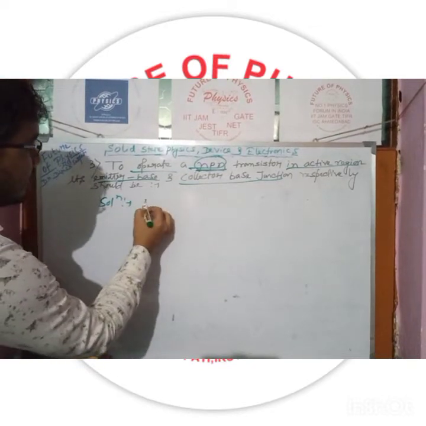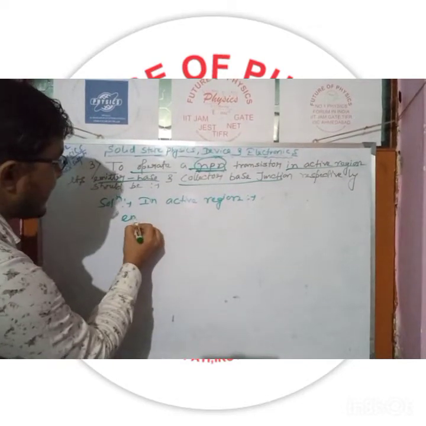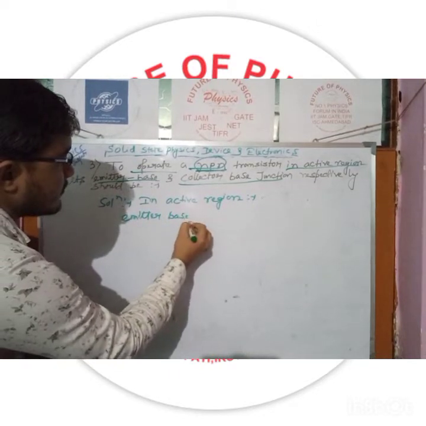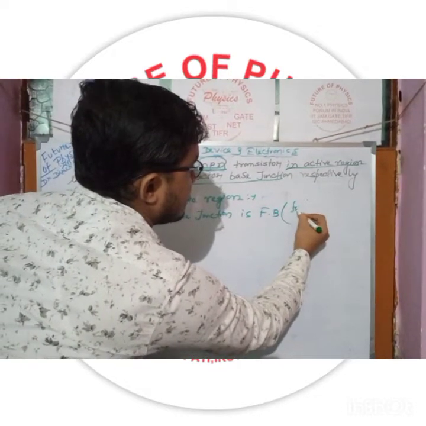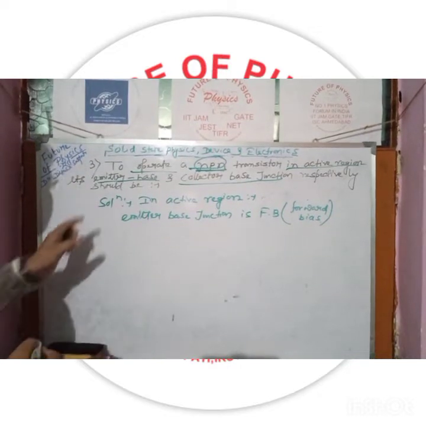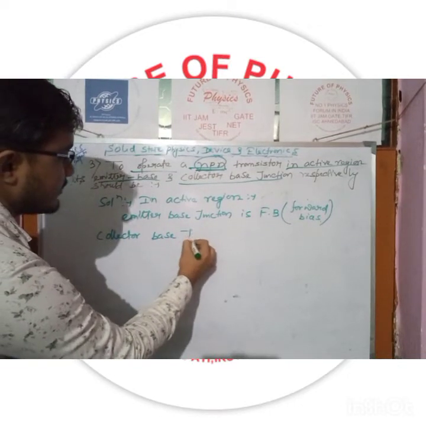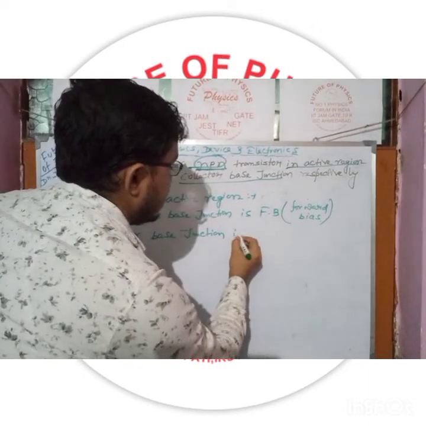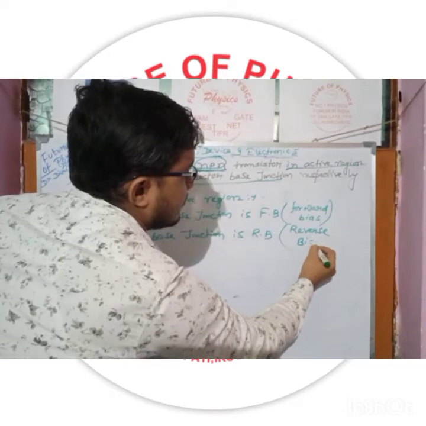Solution: in active region, the emitter base junction is forward bias (FB) and the collector base junction is reverse bias (RB).